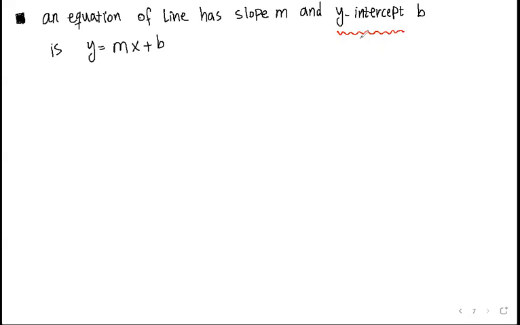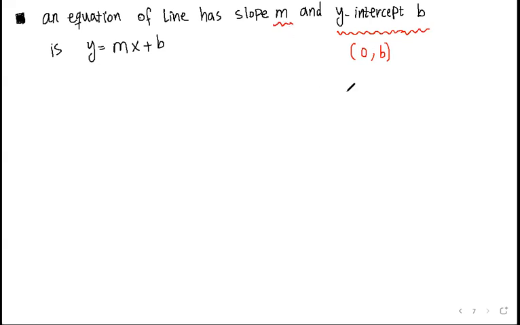So actually, the y-intercept means I have my y-intercept b. This is my x-axis, the x coordinate is 0, and my y coordinate is b. So the y-intercept is b, and this is my point 0 and b. And my slope is m.